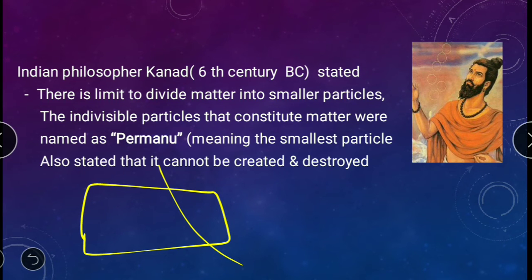So these smallest particles are nothing but atoms, and Kanad named them Parmanu, meaning the smallest particle. He also stated that atoms cannot be created and cannot be destroyed.